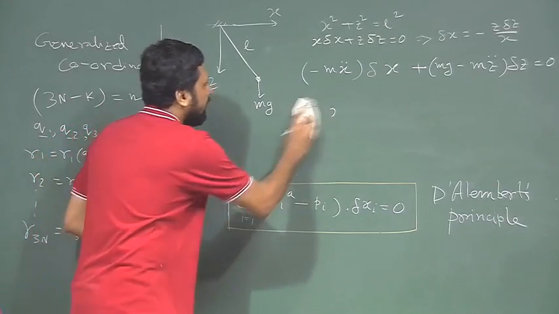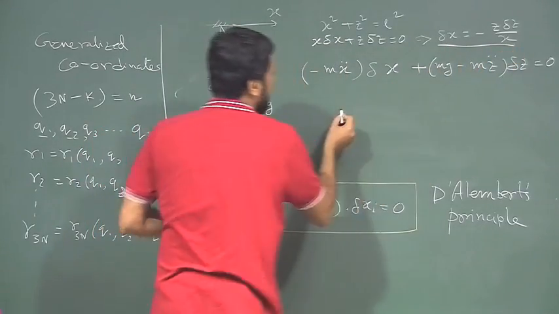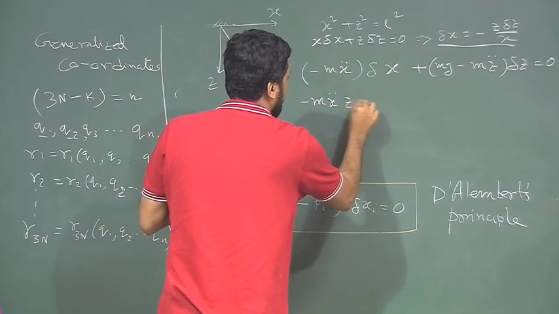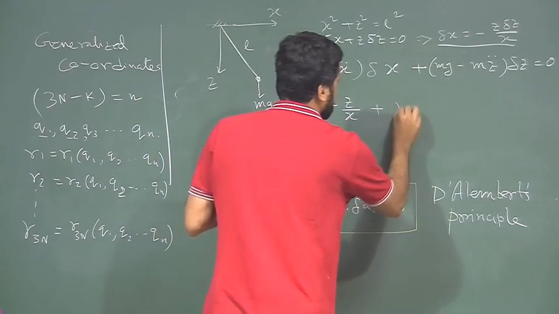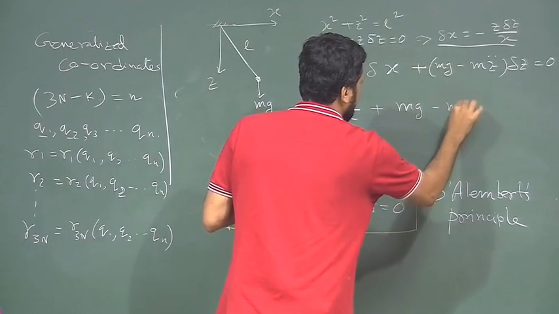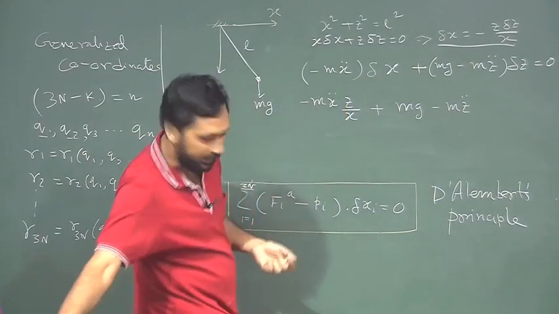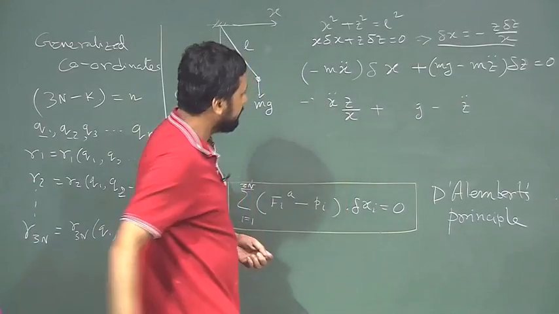Once we do that, we substitute this for delta x, and we see minus m x double dot z by x plus m g minus m z double dot. Of course, m can also be taken out.